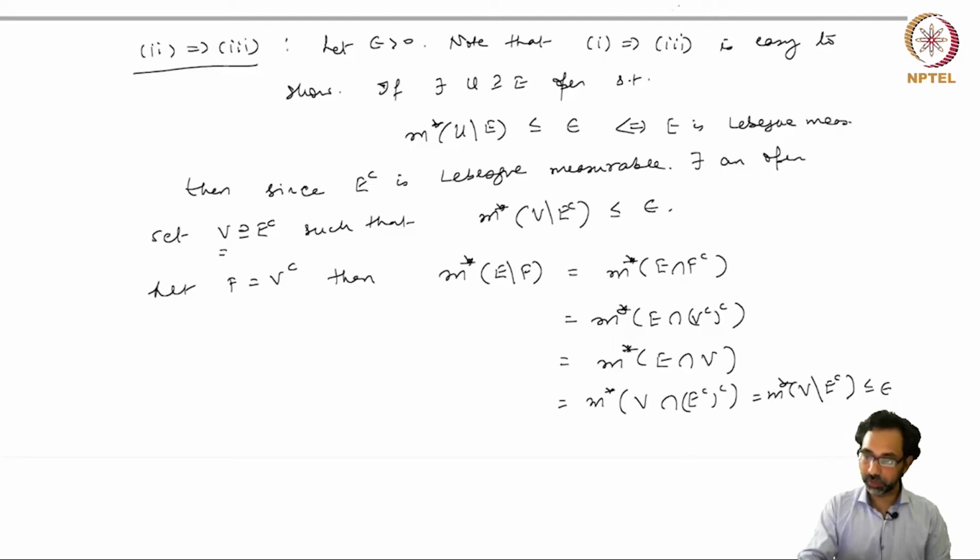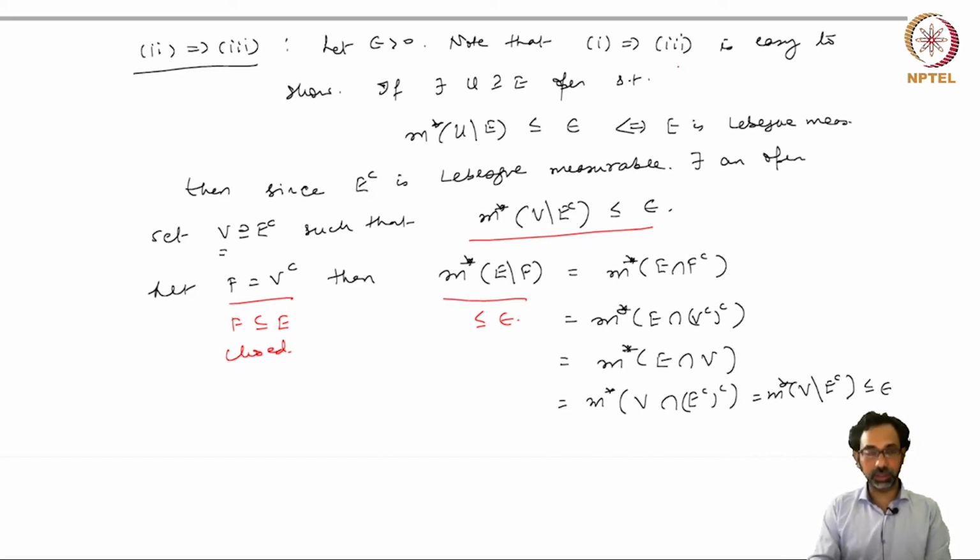So from the Lebesgue measurability of the complement, we deduce a set F lying inside E, and F is closed, such that m star of E minus F is less than or equal to epsilon. So 1 implies 3 is easy.